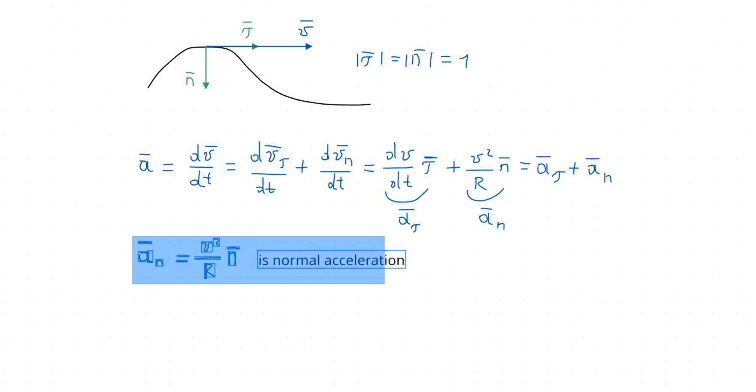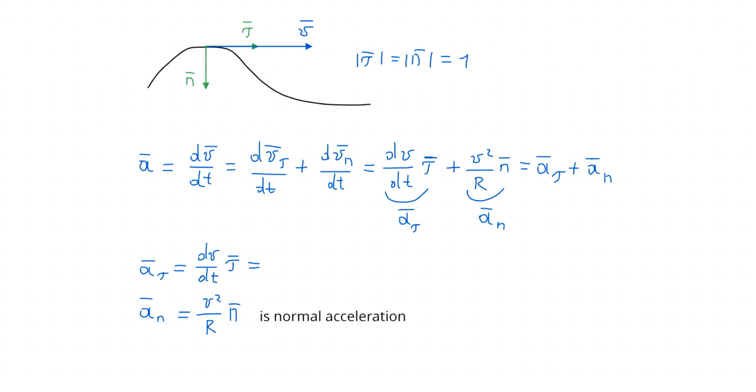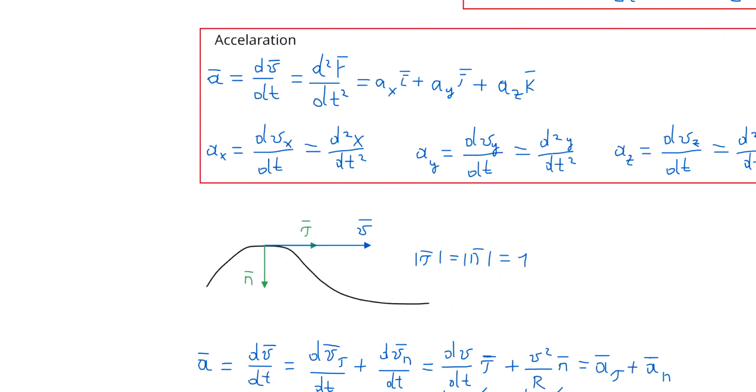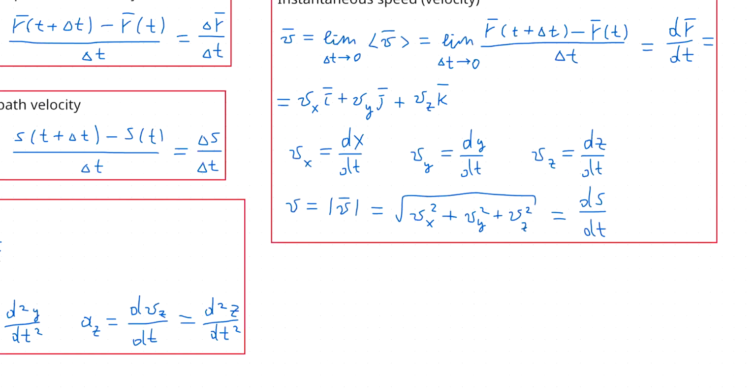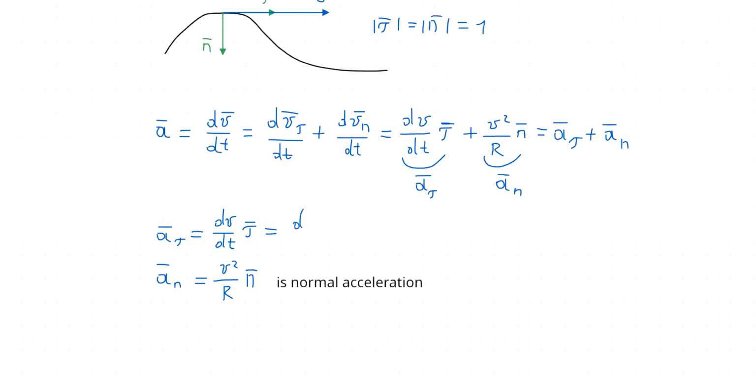So I will write this in short way. A tau, tangent acceleration, is equal to dv dt multiplied by tangent vector, and this is equal to, let's remember that v is the derivative of path, so it can also be written as the second derivative of path with time.